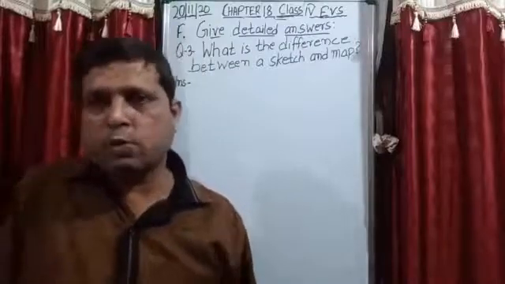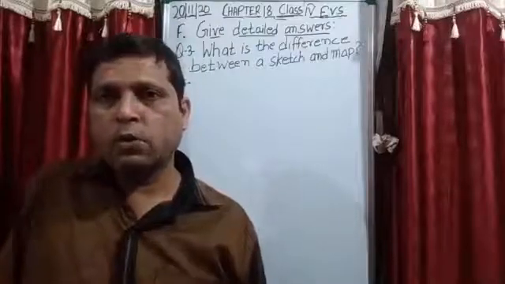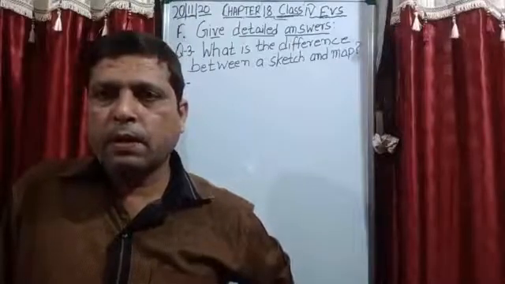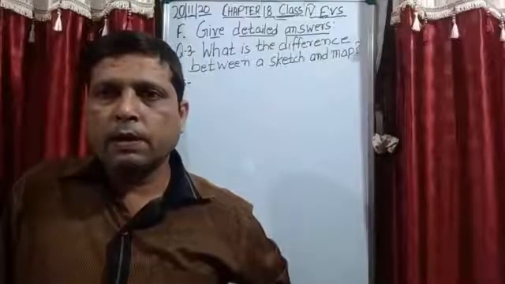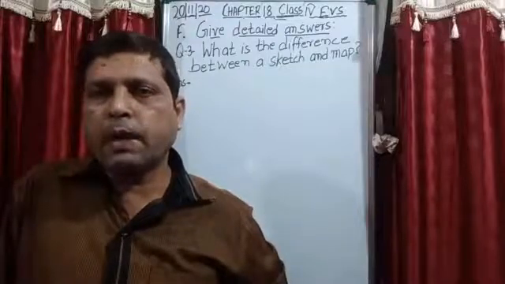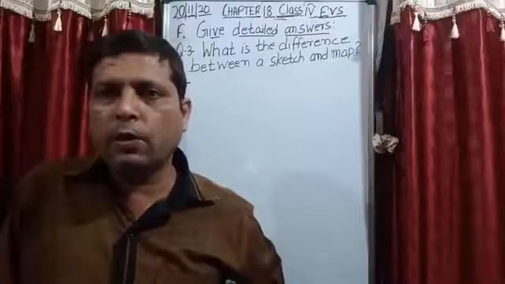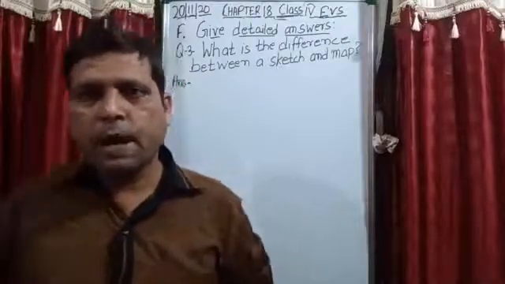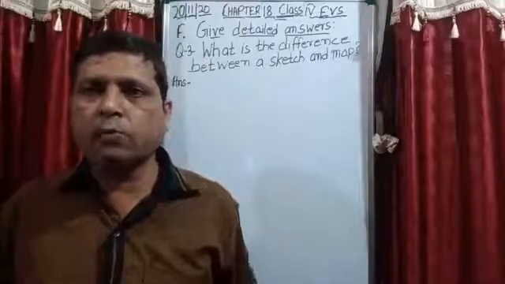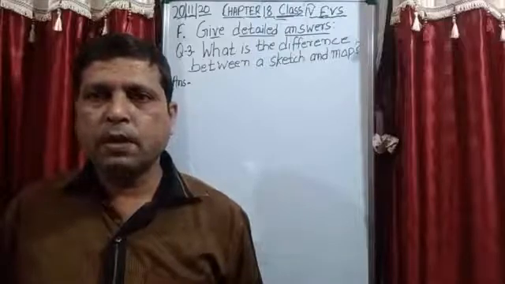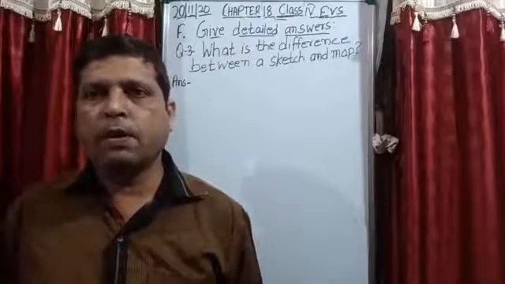So a map is also a drawing of a place. But students, it also gives you the exact location of the place, and it tells you about the distance covered by you. All these things are possible because there are many features on the map.